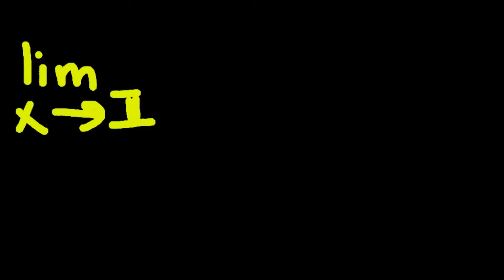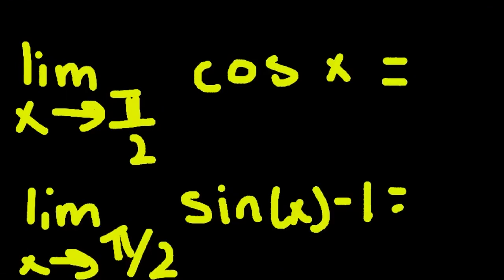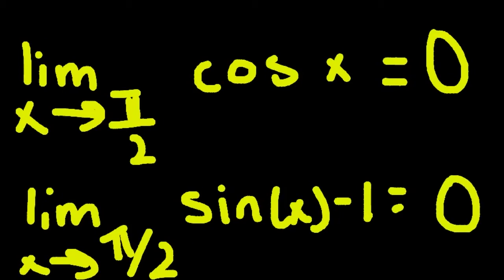It's also important to prove the separate limits because you can't write that the limit is equal to 0 over 0 or infinity over infinity. So to show it's indeterminate form, you do the separate limits to show there's 0 on the numerator because cosine of pi over 2 is 0, and 0 on the denominator because sine of pi over 2 is 1, and then 1 minus 1 is 0 as well.